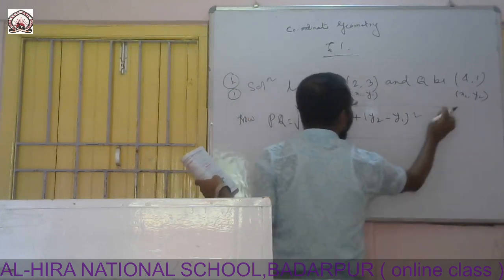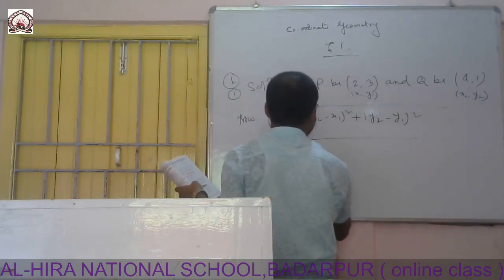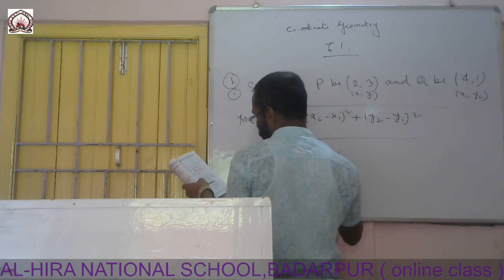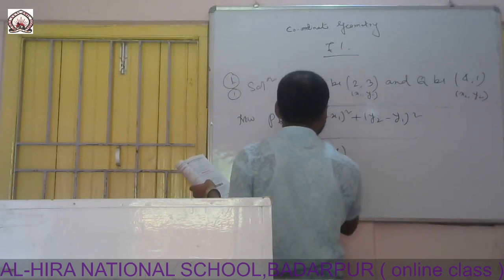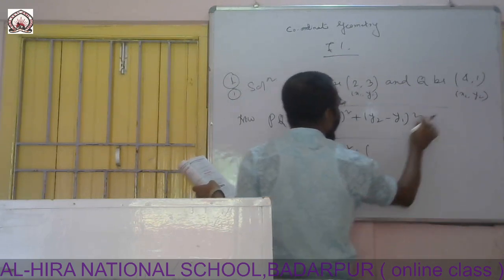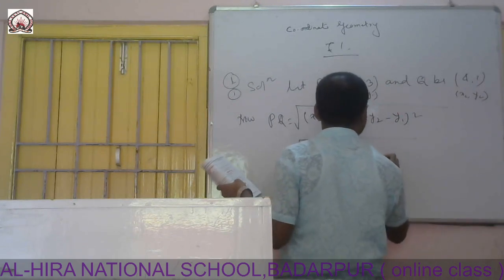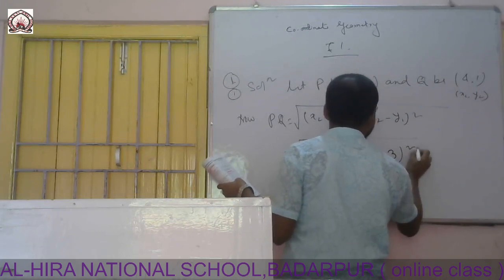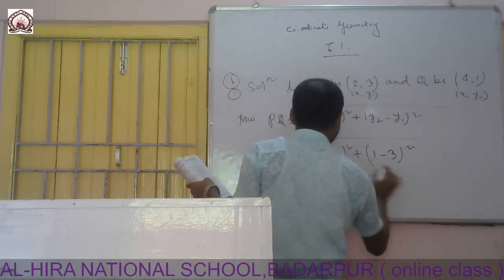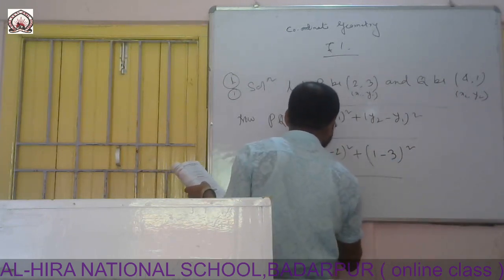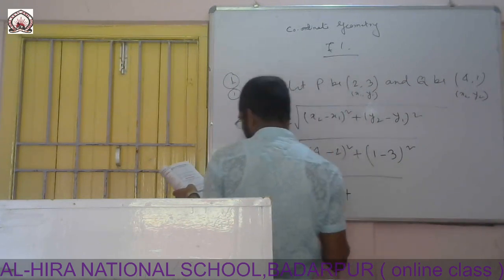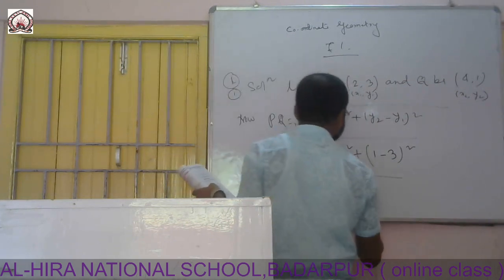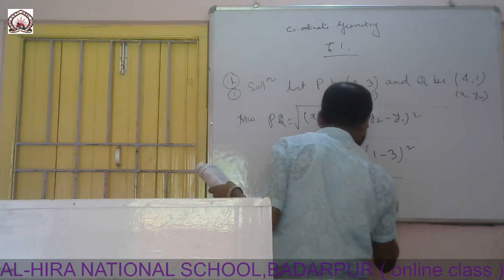So x2 is how much? x2 is 4, 4 minus x1, which is 2, whole square, plus y2 is 1 and y1 is 3, whole square. So 4 minus 2 whole square is 2 square, plus 1 minus 3 will be minus 2 whole square.